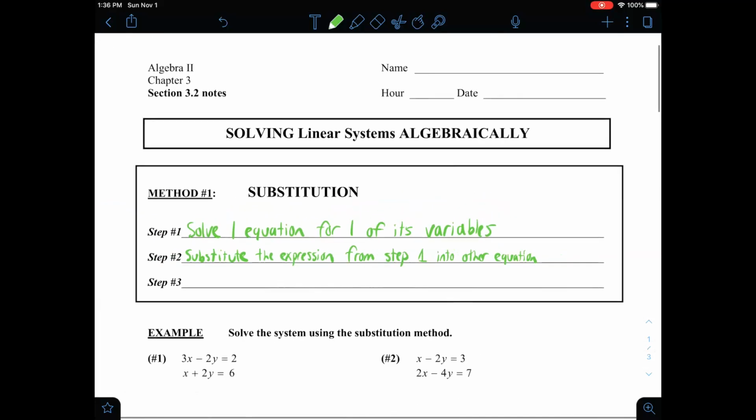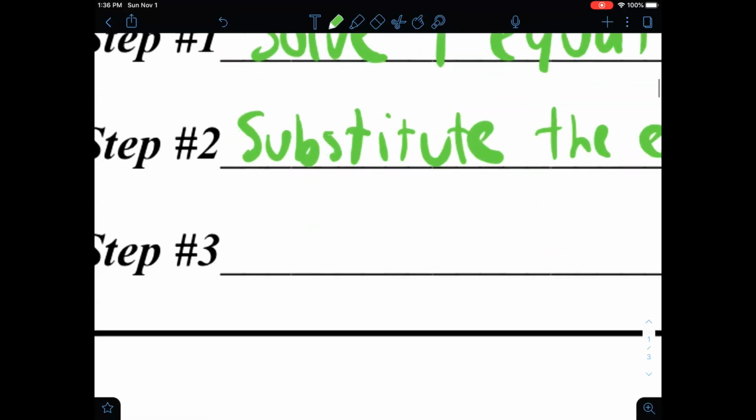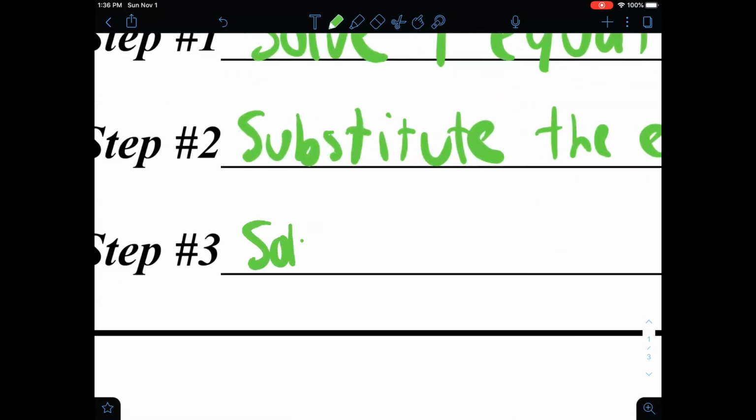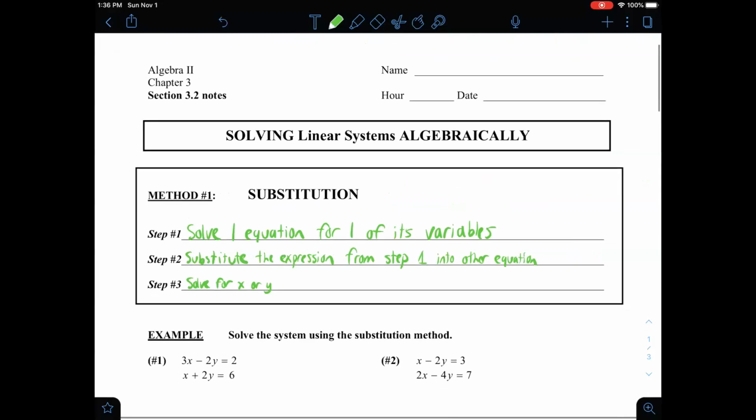So step 1 was solve one equation for one of its variables. Step 2 was substitute the expression from step 1 into the other equation. And then step 3 is to solve for x or y. So those are the 3 steps for substitution.